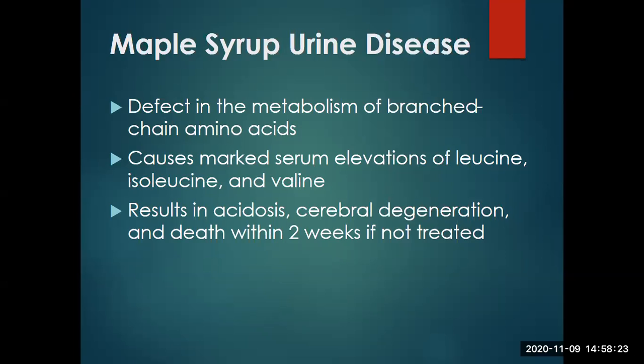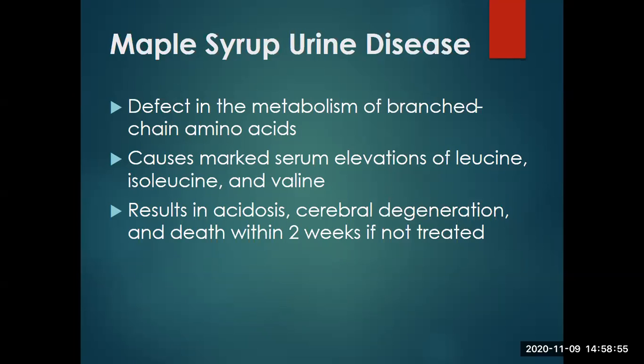And the child's urine has a sweet, almost earwax-like, honey-looking characteristic, and also a maple syrup odor. So this is caused by the ketoacidosis, like what you would see in diabetic children.